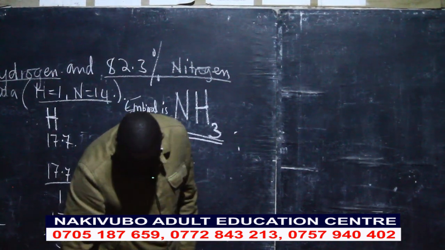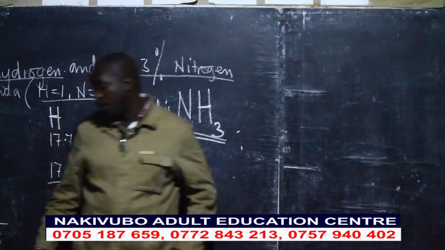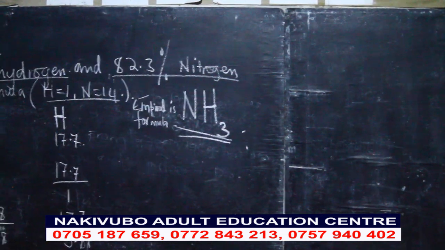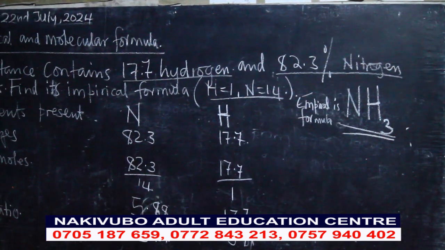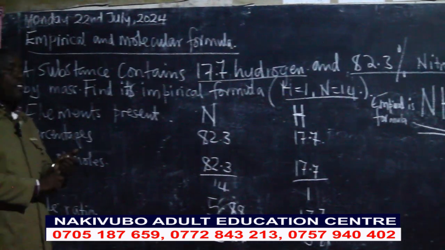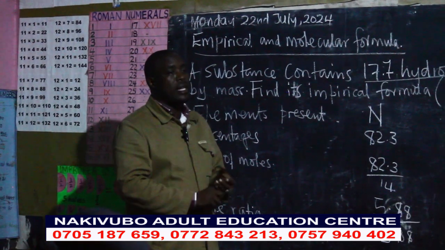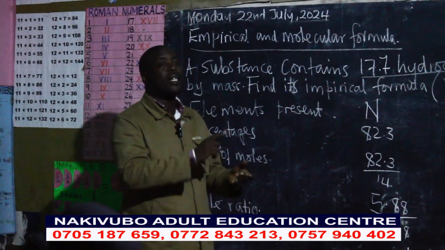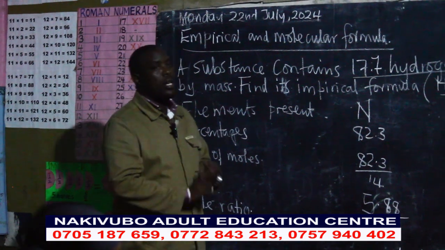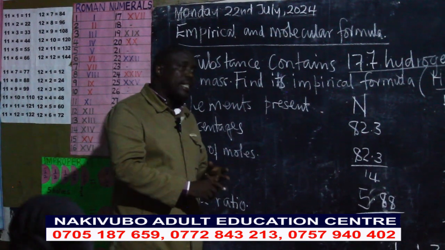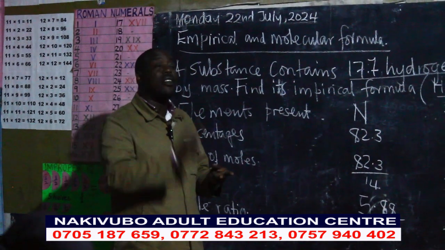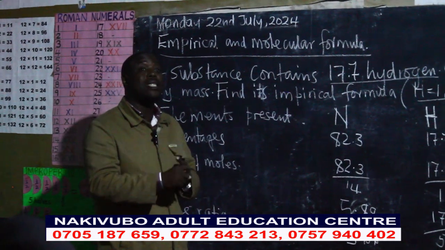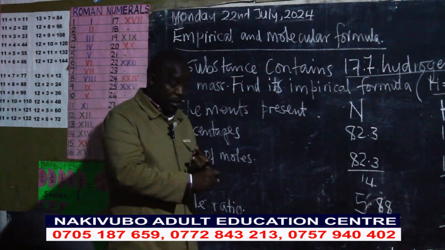Unless you have a question, you can ask. But before you ask, I've said to get the empirical formula, these are the procedures. First, identify the elements present in the compound and write their symbols. Second, write the percentages of those elements. If you are given masses, write the mass of the elements.